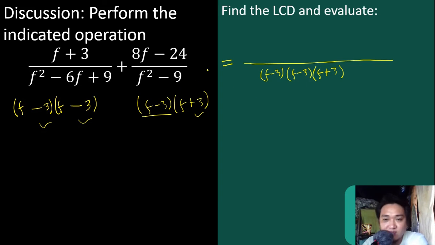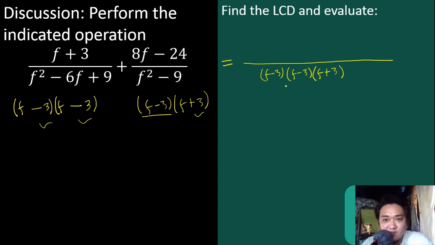Now we are ready to multiply. We are now ready to divide the common denominator by each denominator and multiply it to the numerator. So in this case, we are going to divide f minus 3, the quantity f minus 3, the quantity f plus 3 divided by 2 f minus 3.